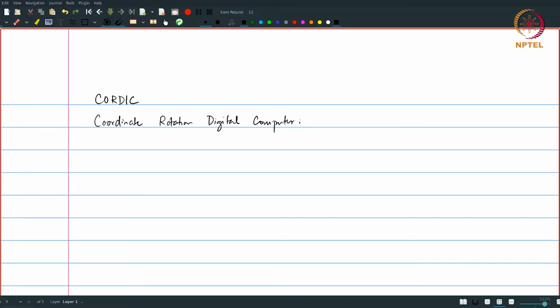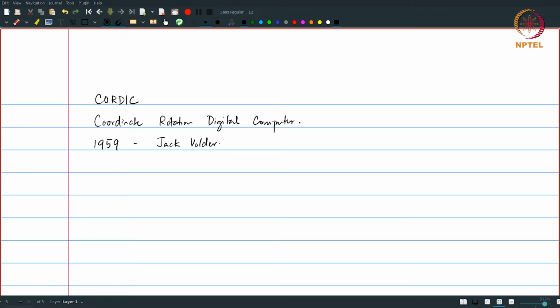We would never really use the name computer as part of a new algorithm. This was basically discovered in 1959, when digital computers were still in their infancy and not really used on a large scale, by a person by the name Jack Volder.